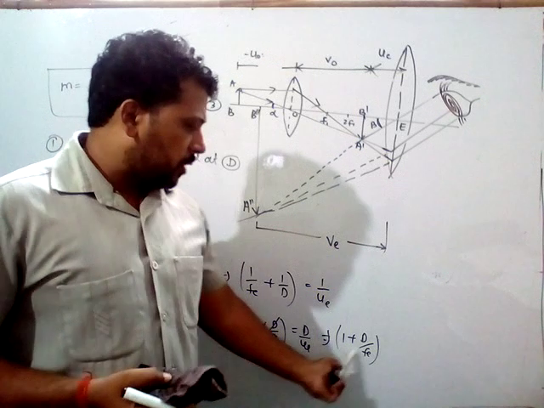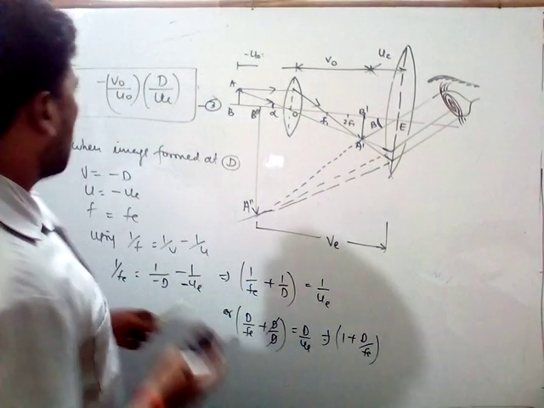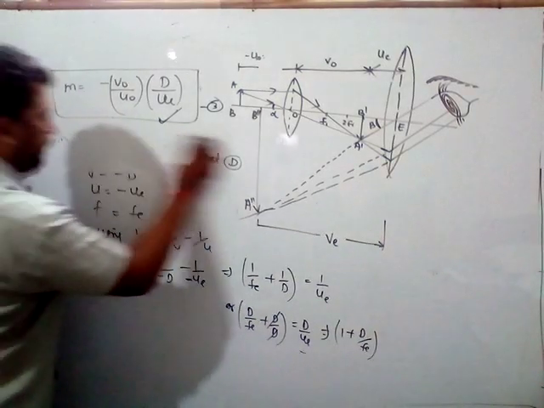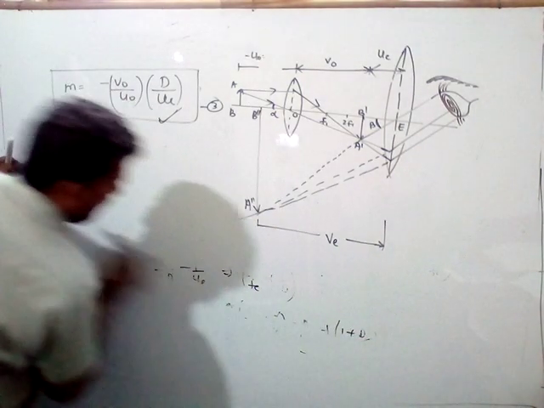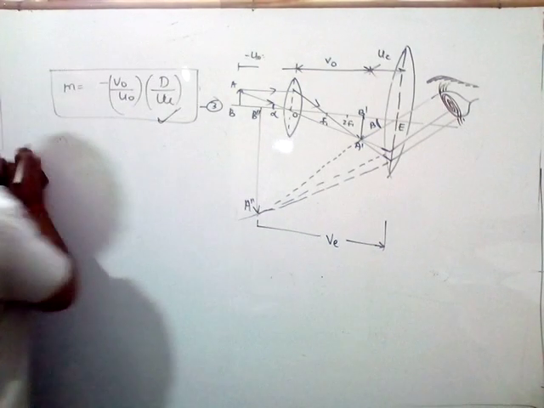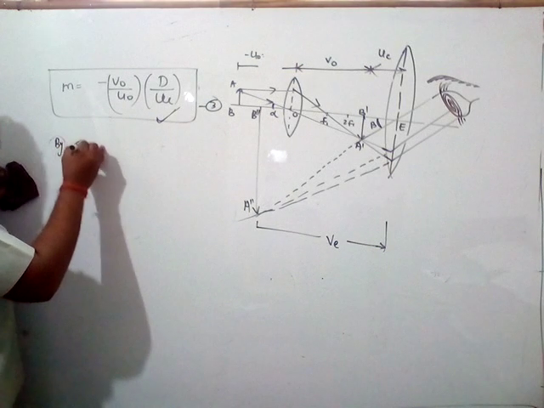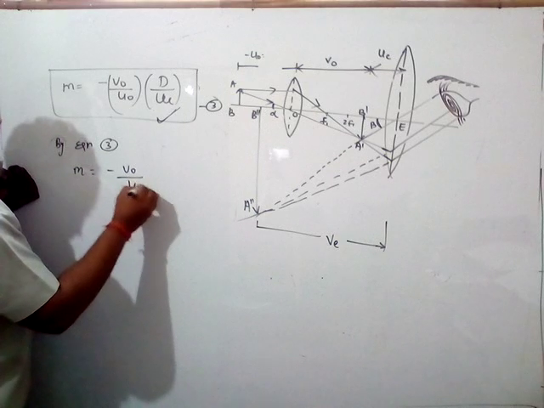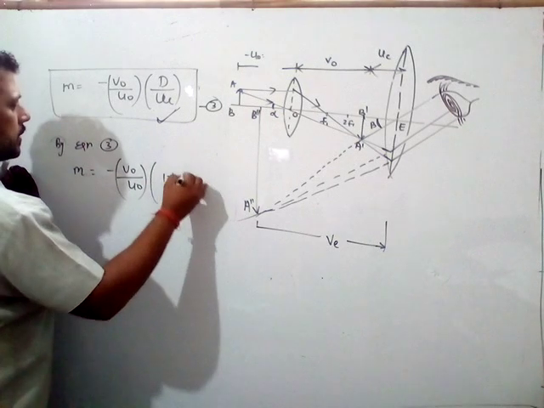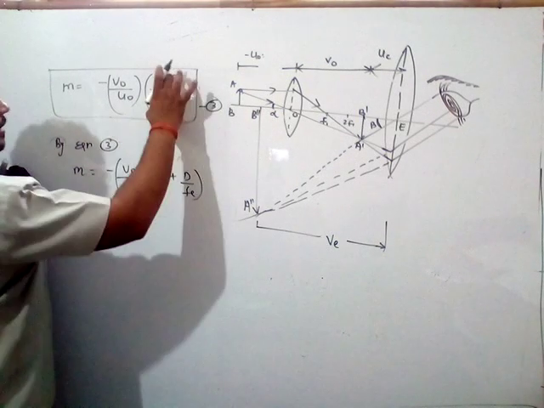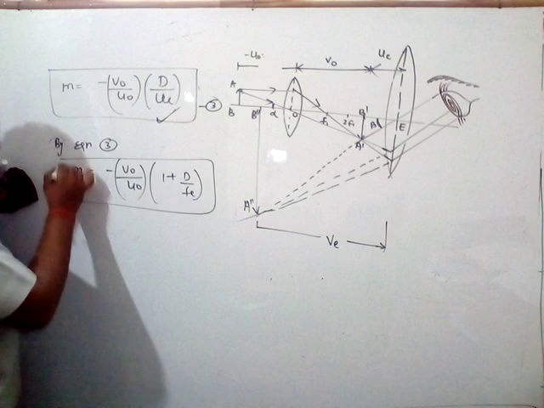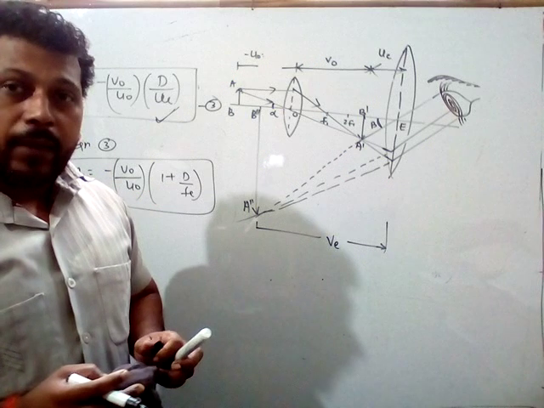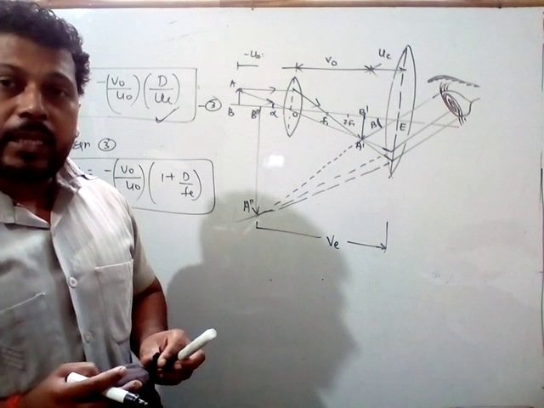D by UE is equal to 1 plus D by FE, and putting this value of D by UE in equation third, M is equal to minus V naught upon U naught into 1 plus D upon FE. So it is the magnifying power of a compound microscope whenever the image is formed at distance D.